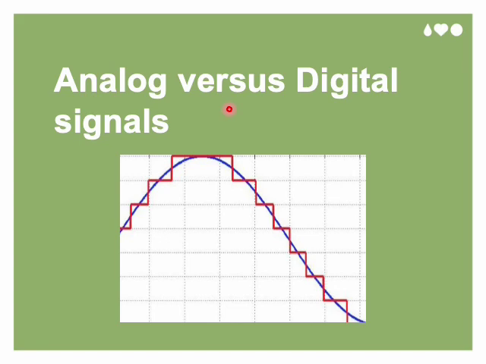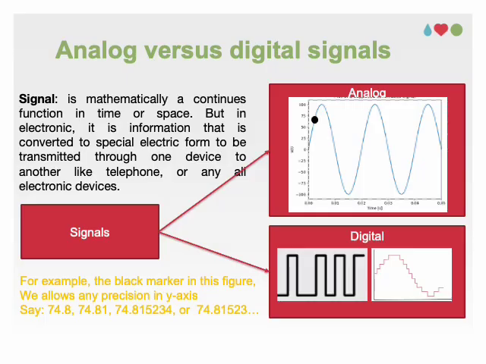For example, in this figure, the analog wave is shown as a smooth and continuous blue curve, while the digital one contains small discrete steps as an approximation of the analog signal. Let's dive into the problem.